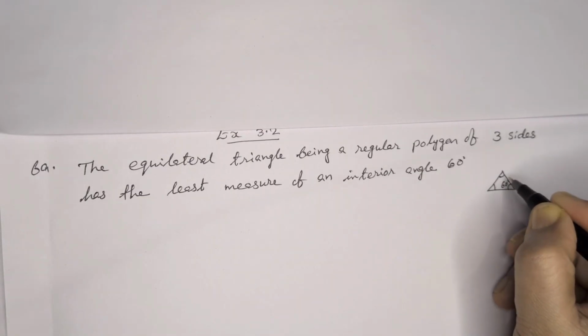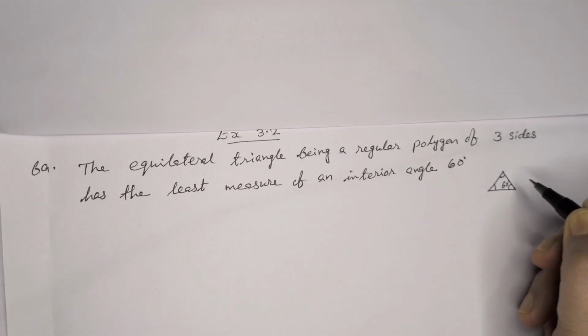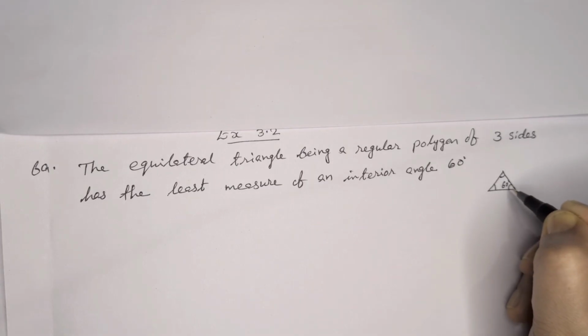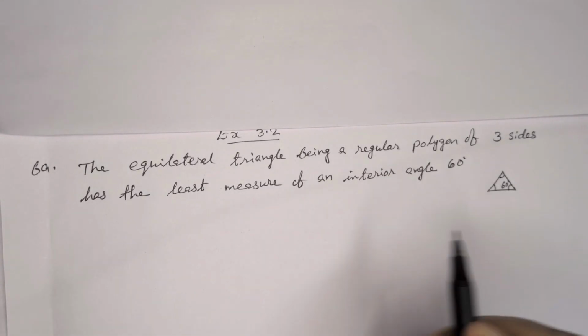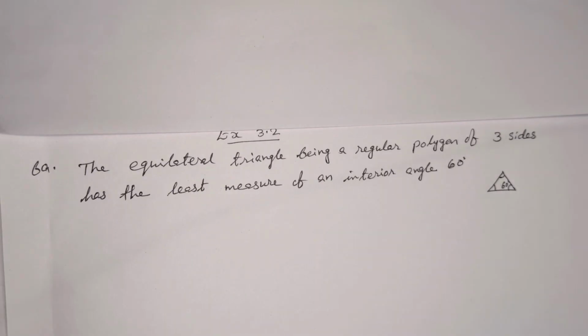We know by angle sum property, the sum of all three angles is equal to 180 degree, and 180 divided by 3, each angle is 60 degree. So we can write the minimum interior angle possible for a regular polygon is 60 degree.